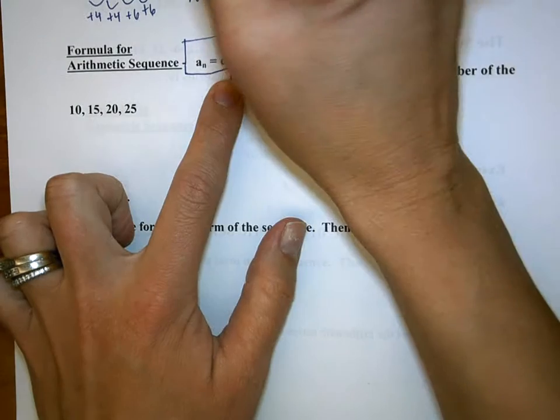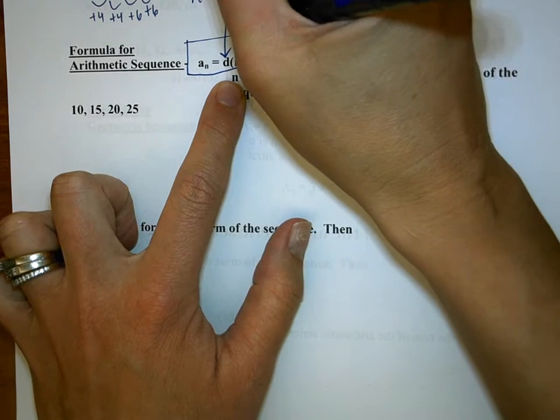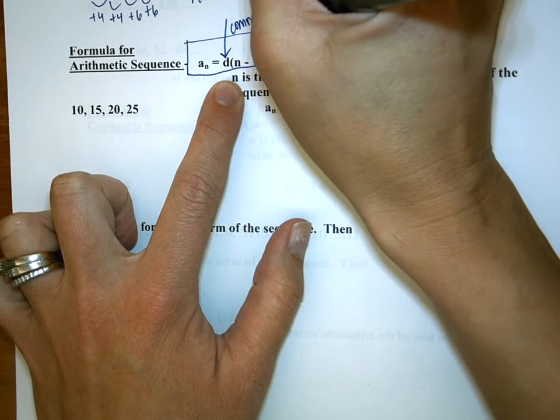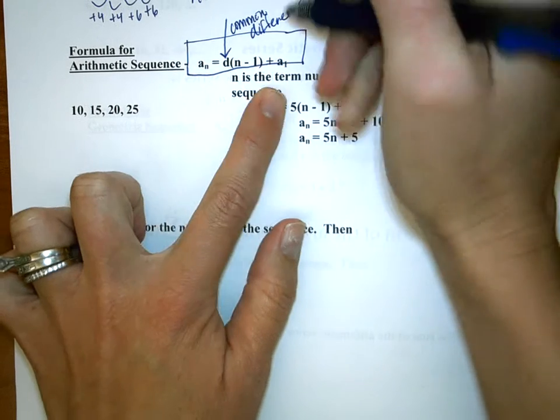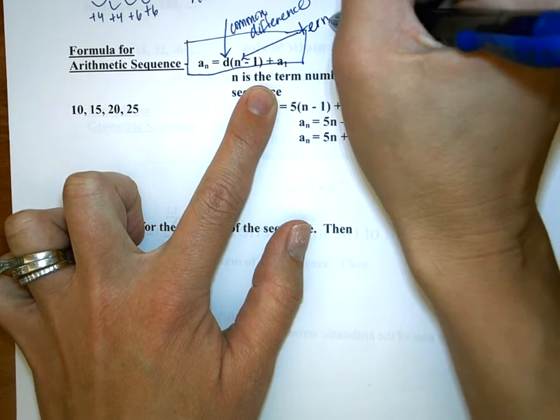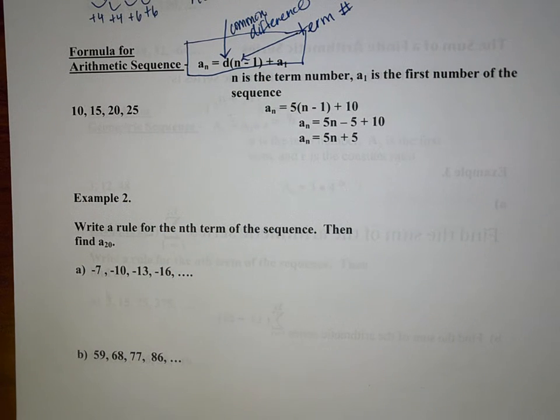So you have a sub n. This D represents your what? Common difference. N represents the term number. So if, like I said, I wanted you to find the 20th term, for example, you could plug 20 in here and find the answer.